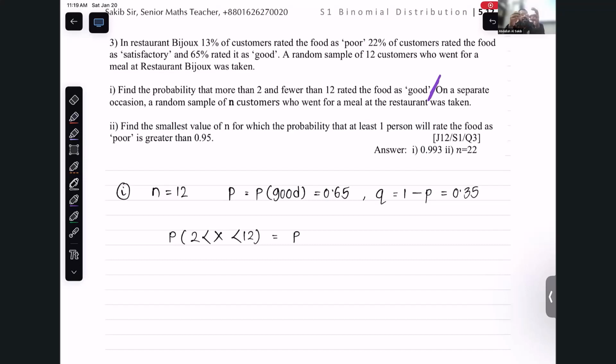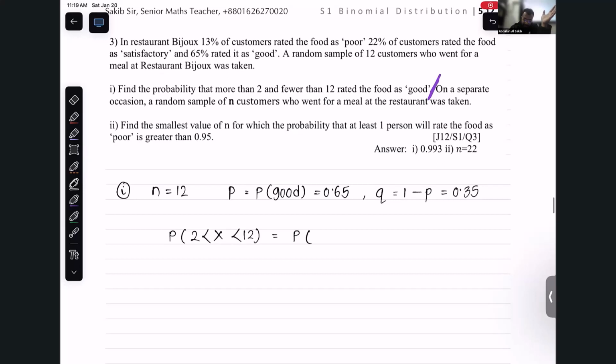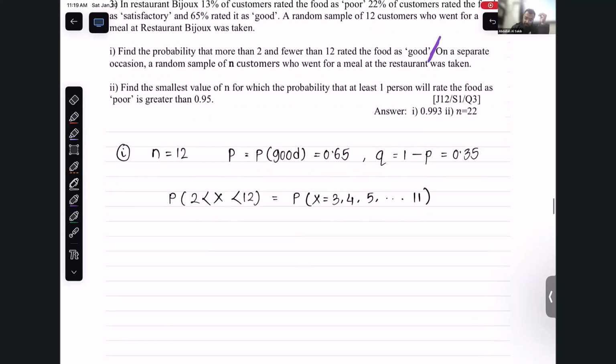So how are you going to do this calculation in an easier way? So Tazrian is saying that sir, X will be 3, 4, 5, up to 11. So if I write down this thing, 3, 4, 5, 6, up to 11. Now if I ask Numair, how are you going to do this calculation in an easier way? You have to find the probability of this much.